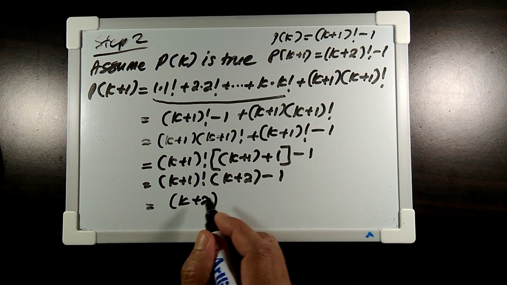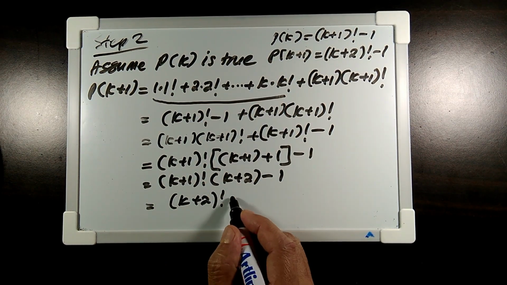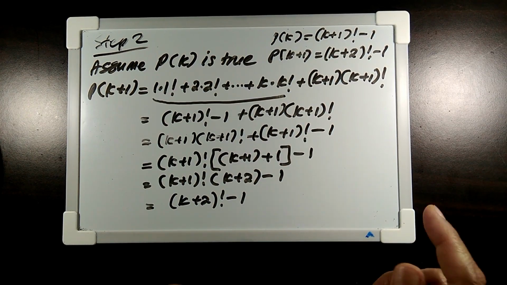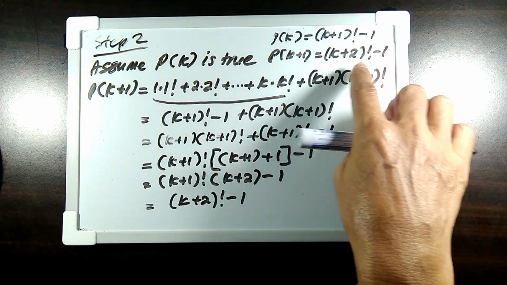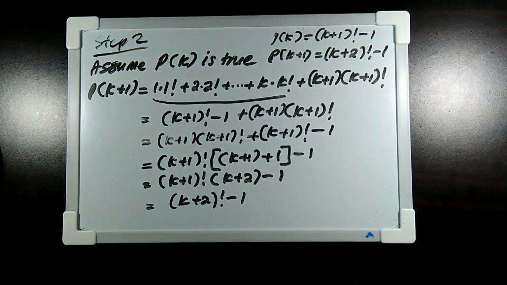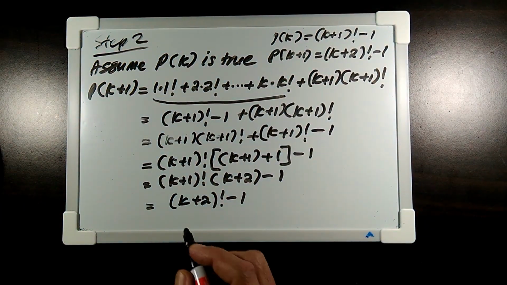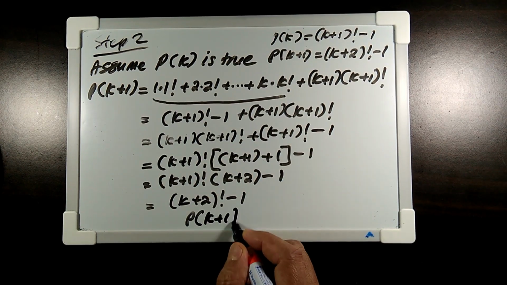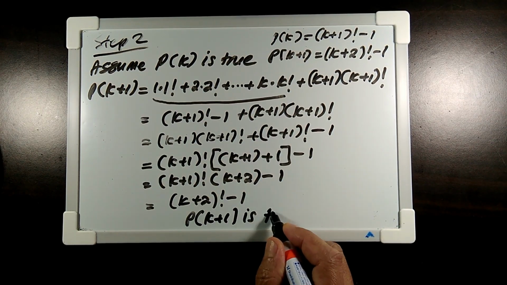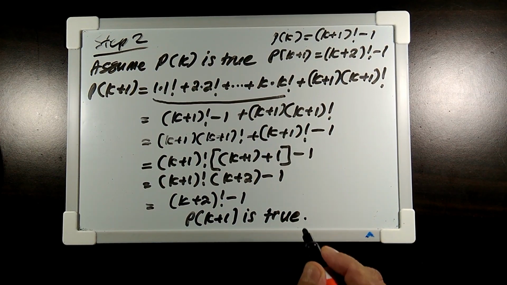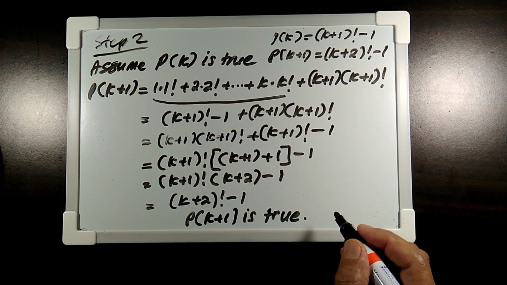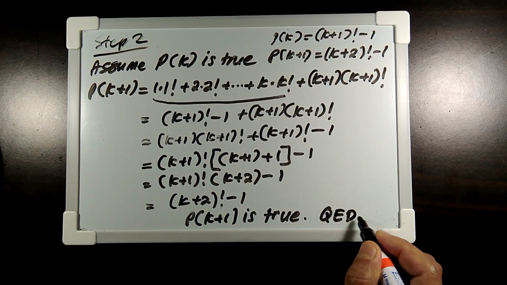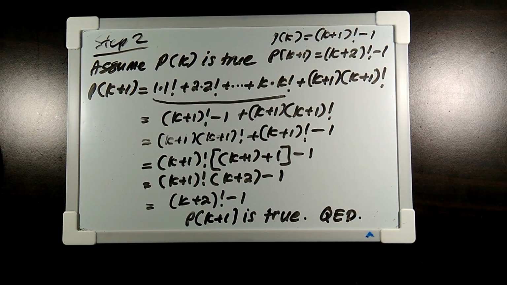So this is (k plus 2) factorial minus 1, and that's exactly what we are looking for. That is, Pk plus 1 is (k plus 2) factorial minus 1. Thus, what we have shown is that P of k plus 1 is true. So the proof is complete. Okay, thank you.